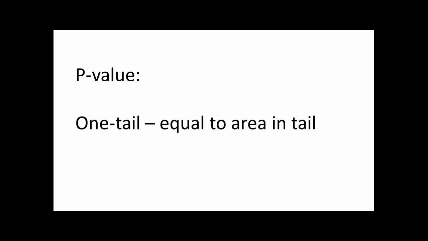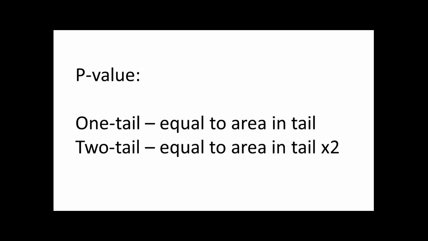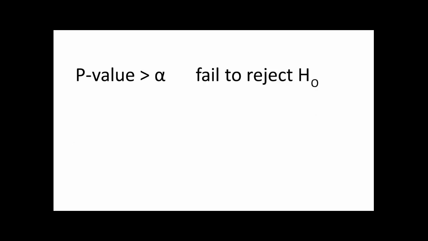But if you are doing a two-tailed test, the p-value equals the area in the tail times 2. I'll explain this better in a moment. Then, compare the p-value with alpha. If the p-value is greater than alpha, then you fail to reject. If the p-value is less than or equal to alpha, then you will reject H naught.